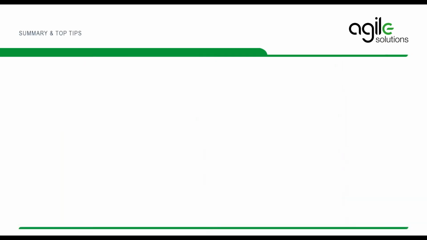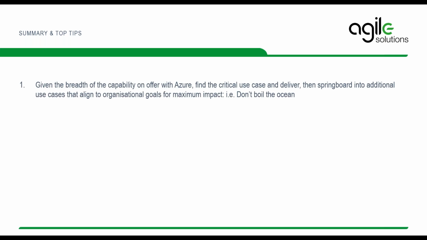So to close out, I thought it would be useful to highlight some of the key points that we've identified that have been critical to successful lakehouse and migration projects. First of all, with respect to Synapse, obviously you've seen that it can cater for a huge range of capabilities, and it'd be easy to get drawn into a widening scope of projects to cover more and more business requirements.